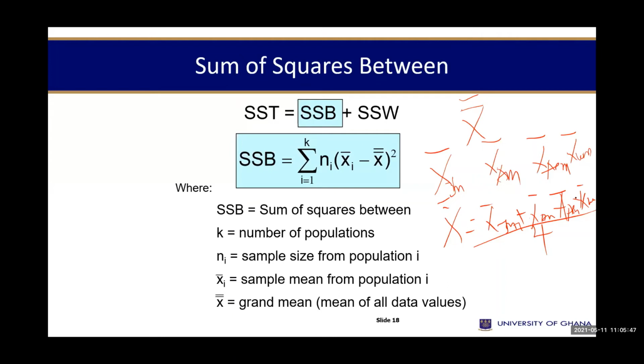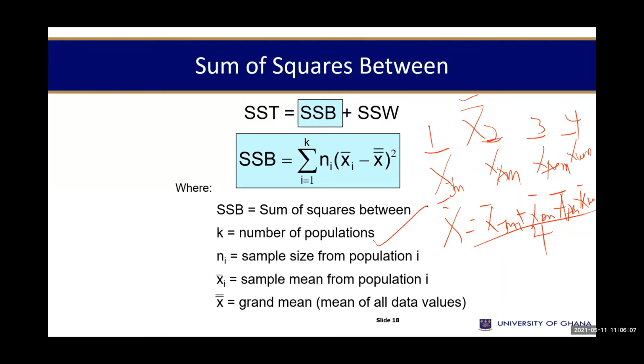K is the number of populations. Here we are looking at the distinct number of populations we have. If we are dealing with 4, then K represents the number of populations. This is 1, 2, 3, and 4.